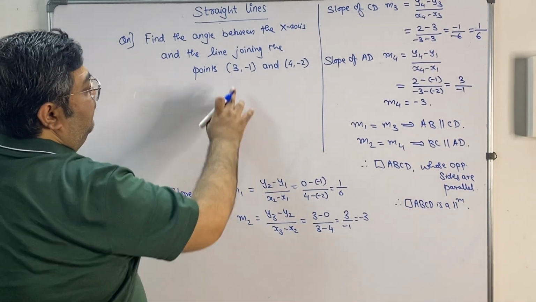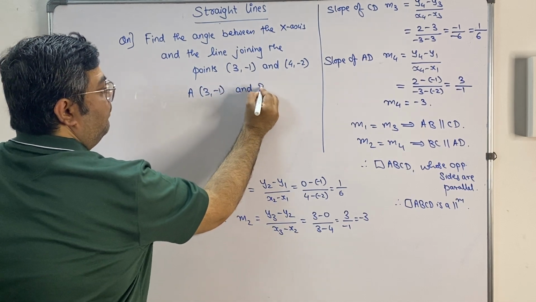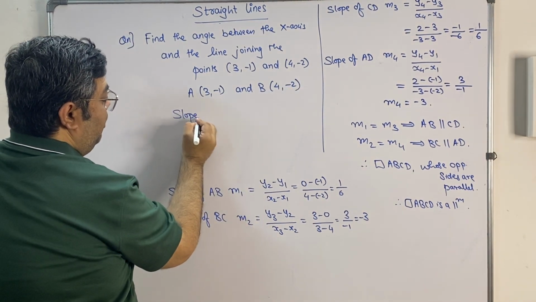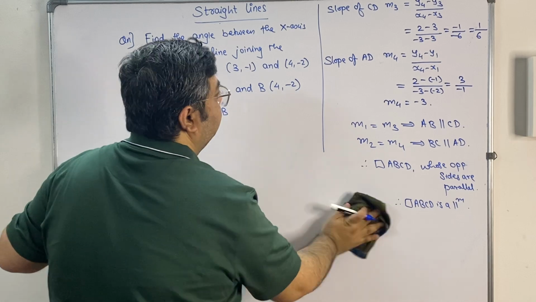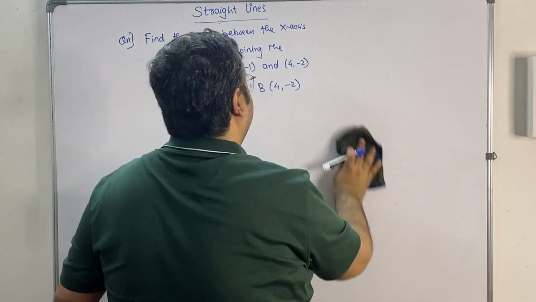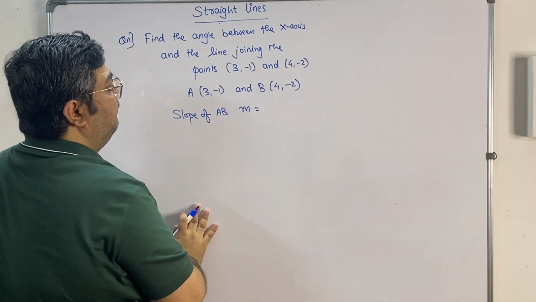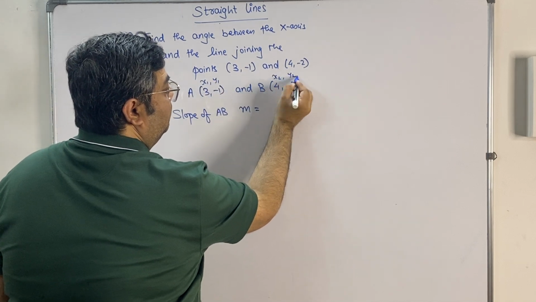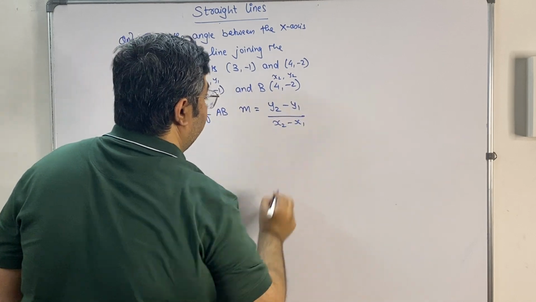So what we'll do here is, first we'll name these points (3, -1) and (4, -2). So the slope of AB, let me first erase the rest of the part. Slope of AB, m, is given by y2 minus y1 over x2 minus x1, where this is (x1, y1) and this is (x2, y2).